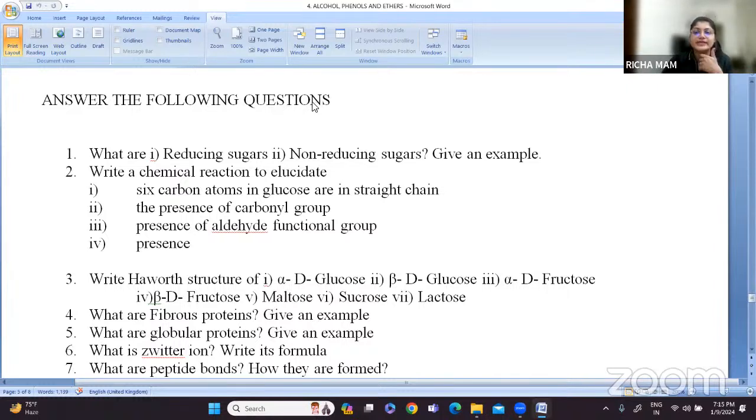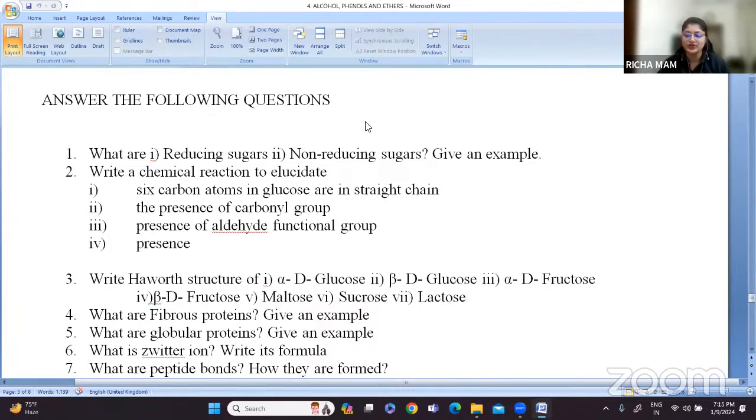Now, what are the examples of reducing sugars? They are glucose, galactose, maltose, and lactose. Now, what are non-reducing sugars?